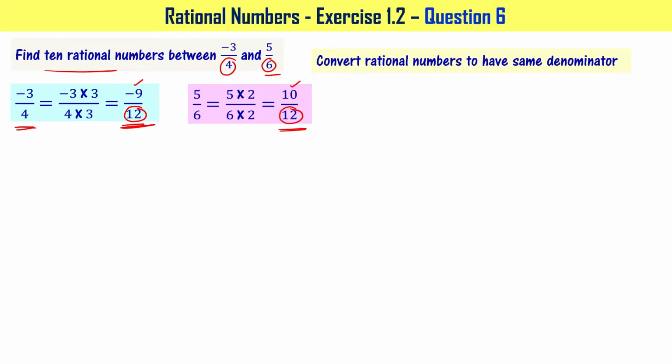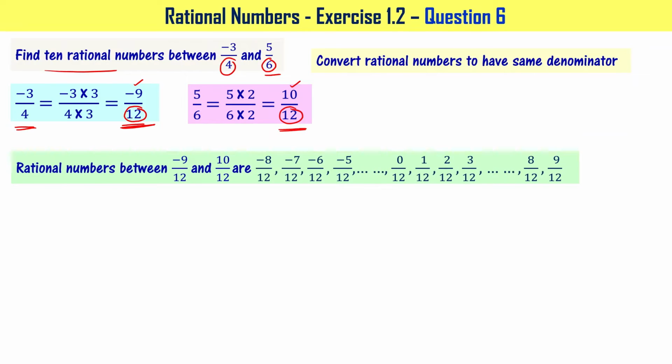Now let me write the rational numbers from minus 9 by 12 to 10 by 12. The rational numbers between minus 9 by 12 and 10 by 12 are going to be minus 8 by 12, minus 7 by 12, minus 6 by 12, and so on up to 0 by 12, then 1 by 12, 2 by 12, 3 by 12, and so on up to 9 by 12, right? Look at this.